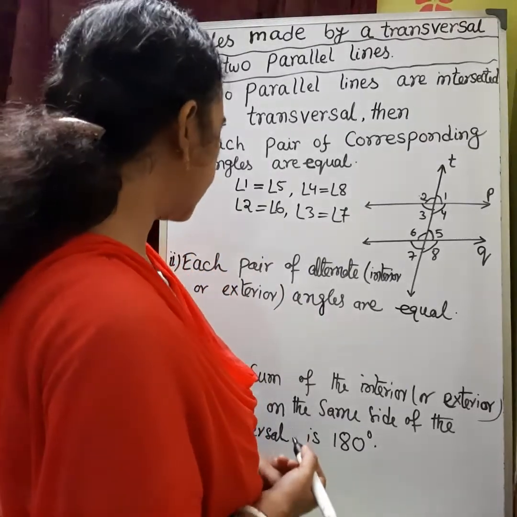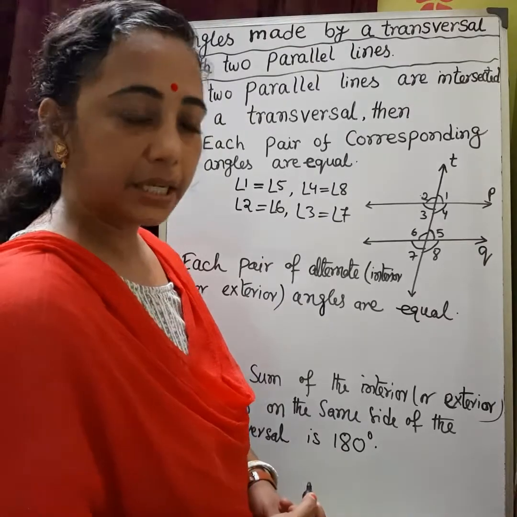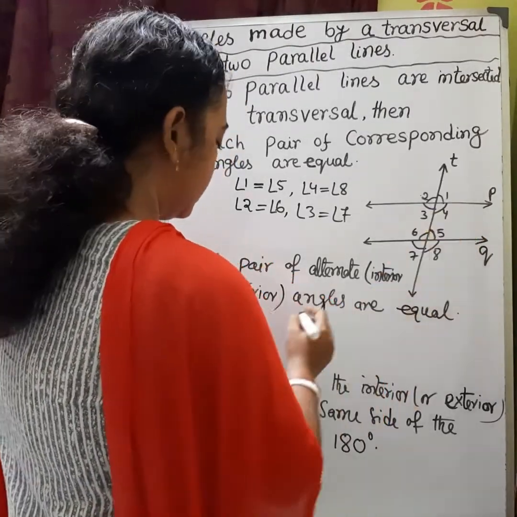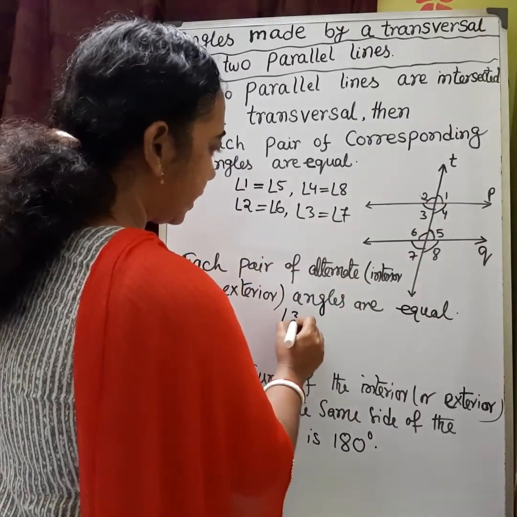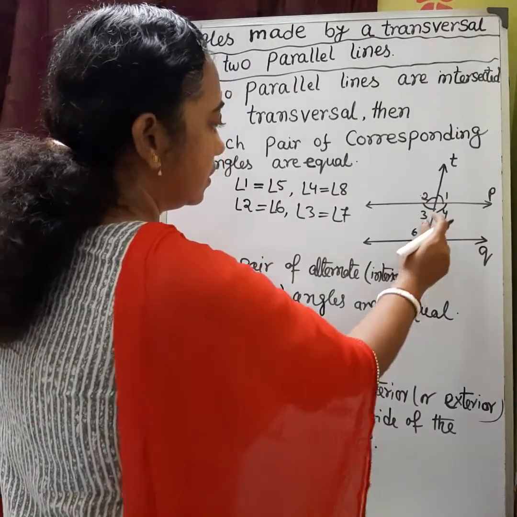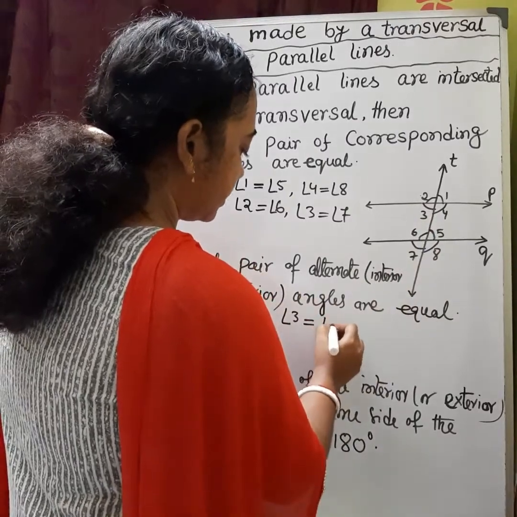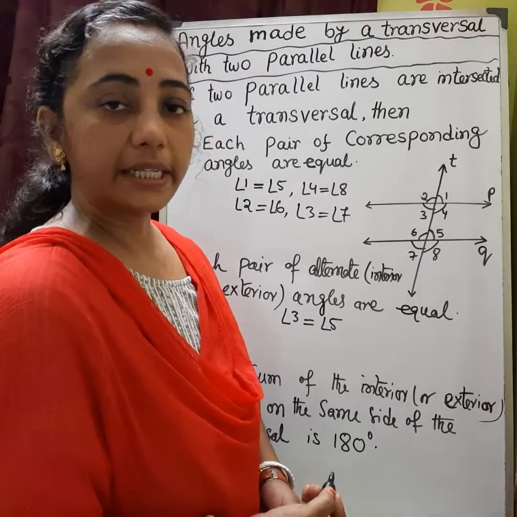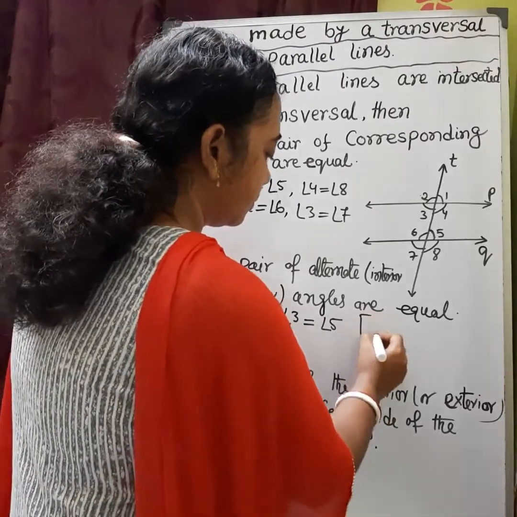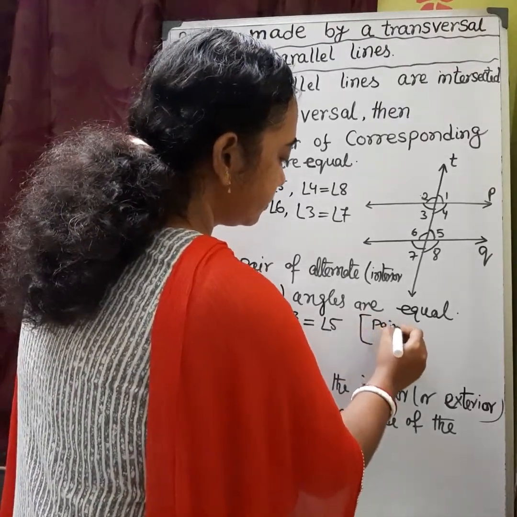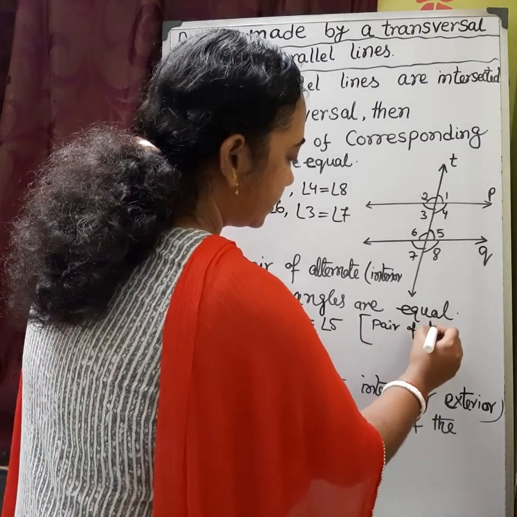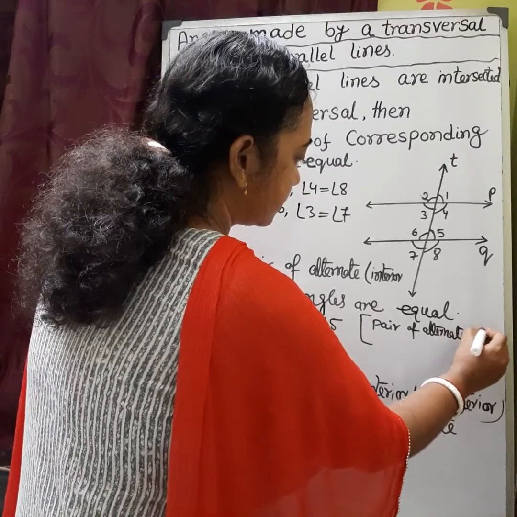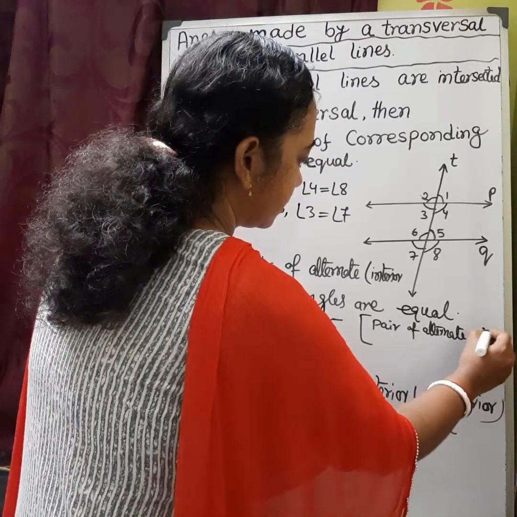Now let us come to the second property: each pair of alternate interior or exterior angles are equal. If we consider the interior angles, if we consider angle 3, then angle 3 will be equal to which angle? That is angle 5. So angle 3 is equal to angle 5. These are called a pair of alternate interior angles.